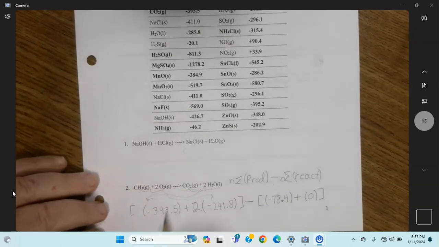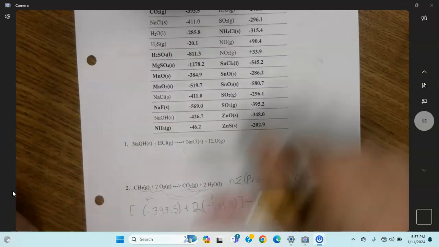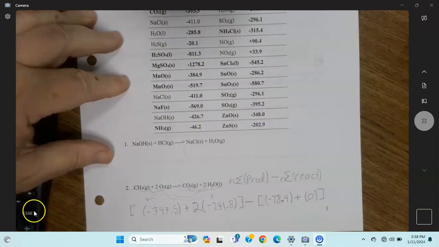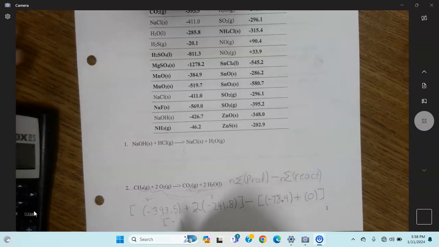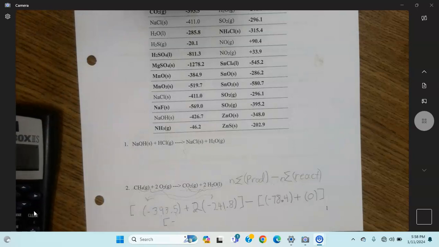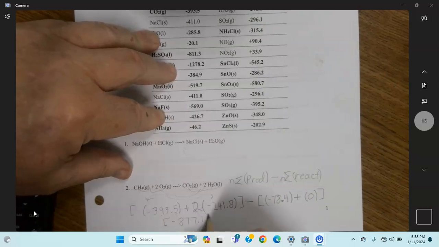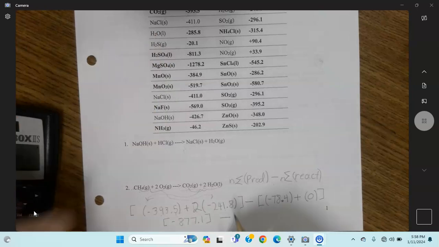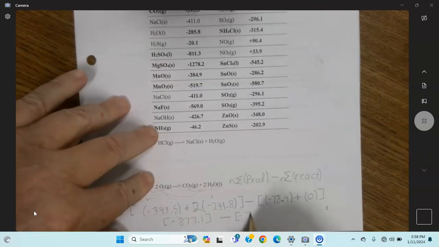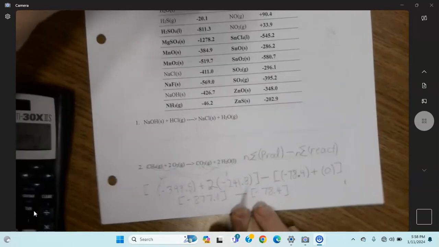So now we're going to do the math, and we're going to take negative 393.5 plus 2 times negative 241. Okay, and what I get here is a negative 877.1, and then I'm going to subtract from that negative 74.8.